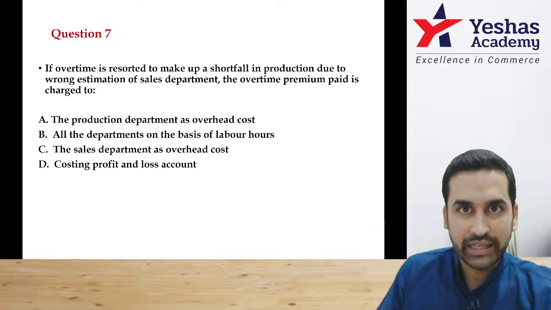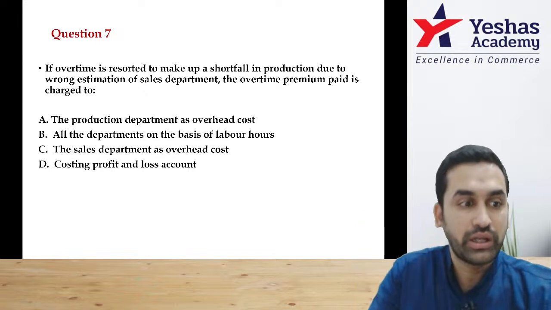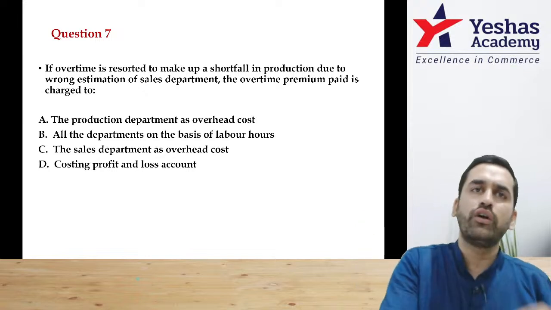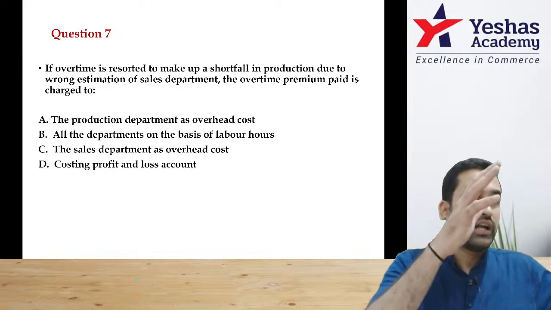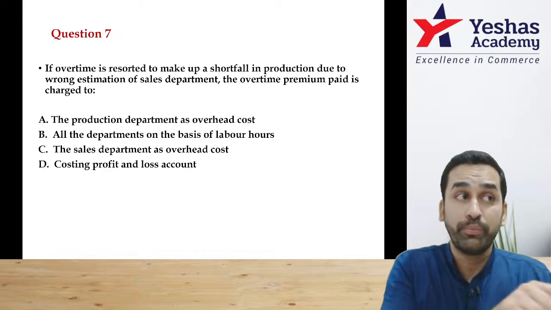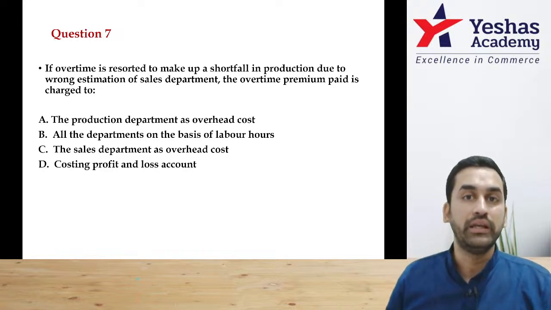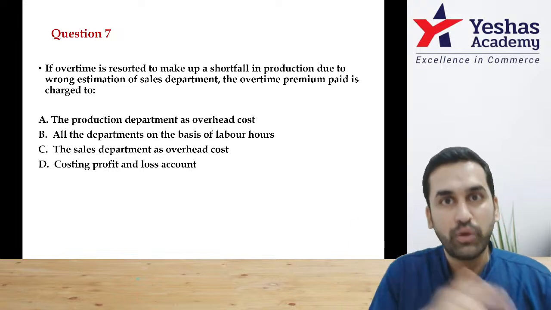That means that extra overtime payment that you are doing, charge it to that department. Sir, what is the use of charging it to that department? At the end of the year, when you decide how much is the bonus or incentive to be given to sales department, you know because of them company has lost some money also, correct? So you can deduct this amount there.